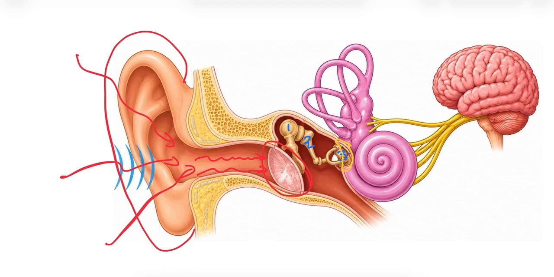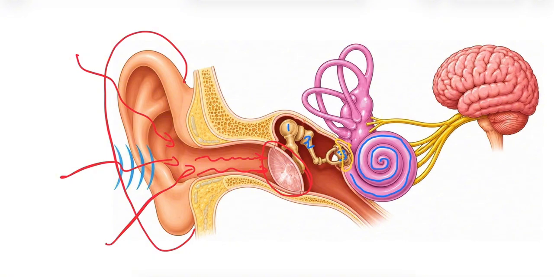The oval window will also start vibrating, and as it vibrates, it creates some pressure waves inside the cochlea, or inside the fluid found in the cochlea. And this fluid is known as endolymph. Inside the cochlea, we have a receptor known as the organ of Corti. The organ of Corti is then stimulated into converting those pressure waves into a nerve impulse.